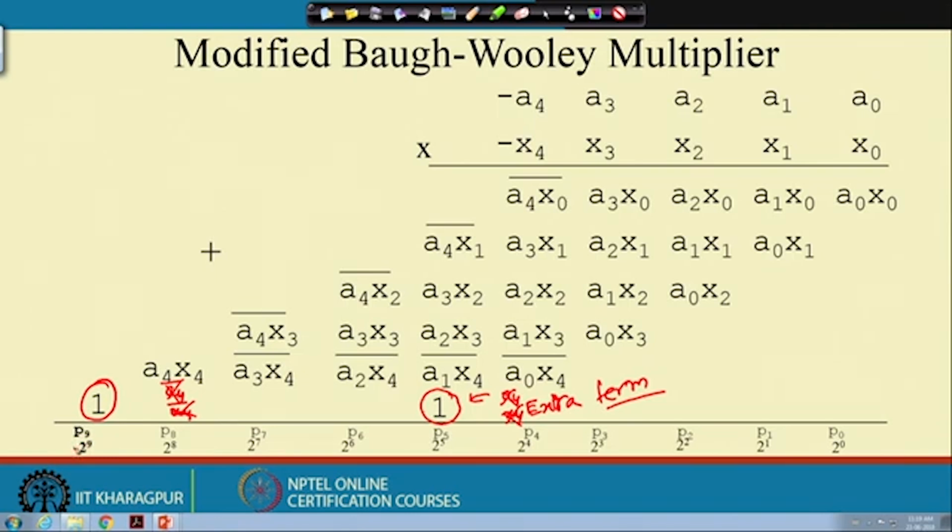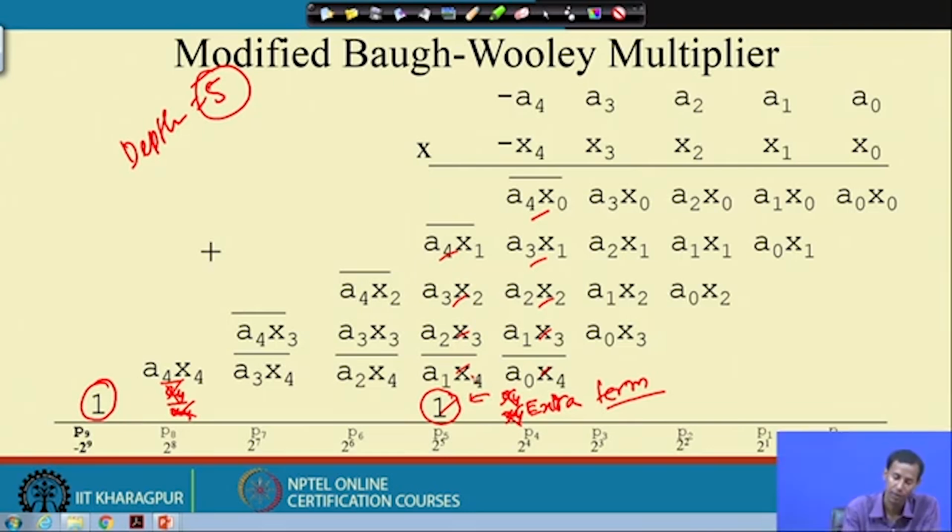Okay. So, that means now what is my maximum depth? That is 1, 2, 3, 4, 5 over here, 1, 2, 3, 4, 5 over here. So, that means now the depth is maximum 5. Okay. So, that means I can do this signed multiplication.